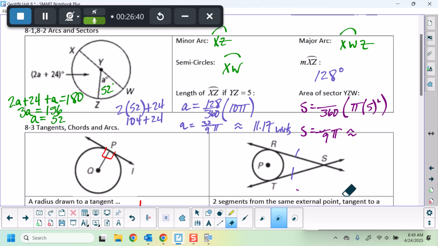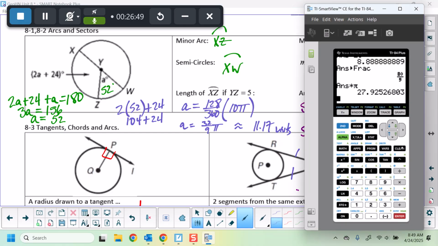All right, so then this instead is going to be a 52, right? And when I do 52 divided by 360, that fraction times 25, because that's my r squared, that gives me that, and then math, frac, enter, 65/18.